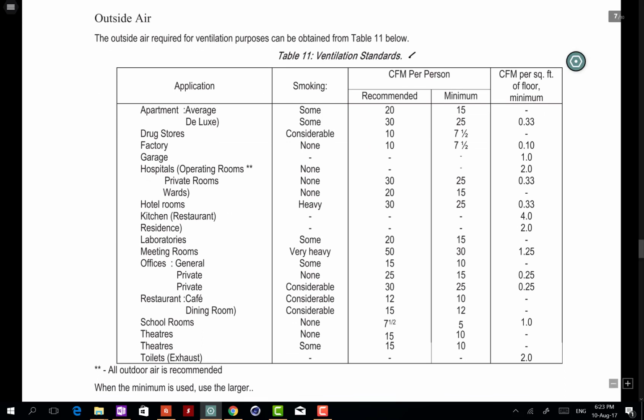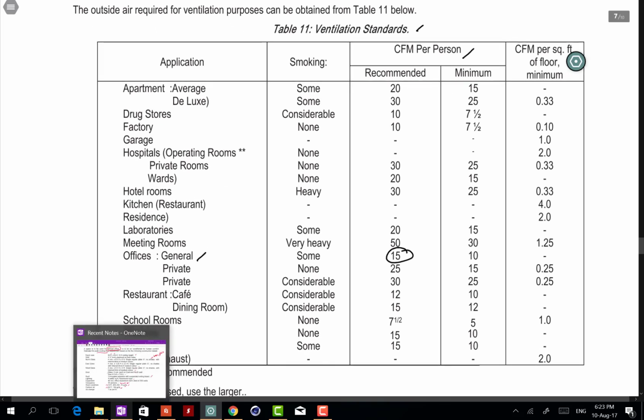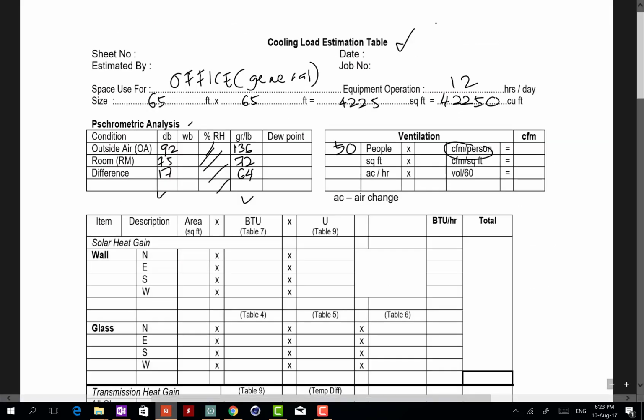So our problem is general office. For the value of CFM per person, we have two types, which are recommended and minimum. Normally we take the recommended value, which is 15 CFM per person, and we write 15 into our table. So 50 multiplied with 15 becomes 750 CFM.